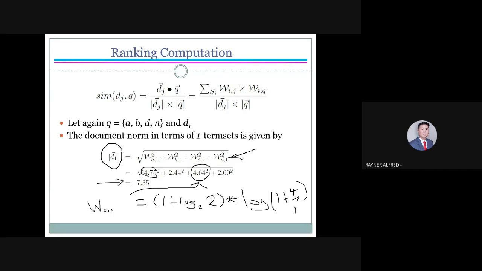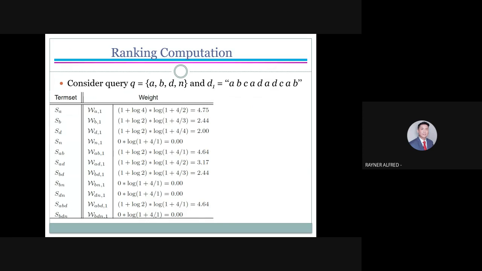We use this one to normalize the weightage later on. Okay, remember that last week I mentioned that some documents are too long, some documents are too short. So to normalize this one, we have to divide them by the length of the document. Okay, so this is the weightage of all the term set for document 1.